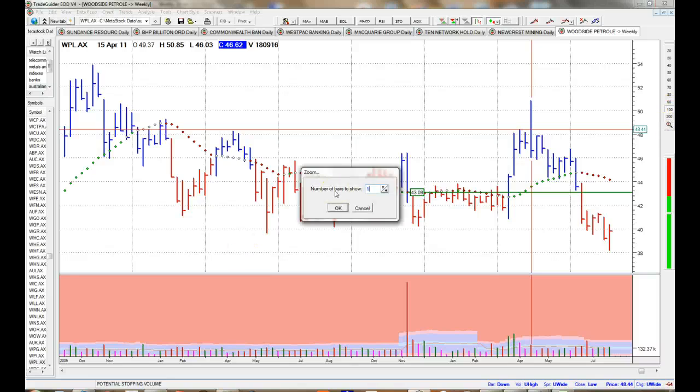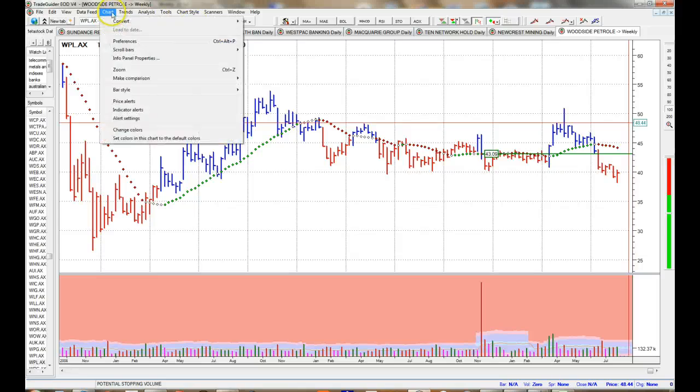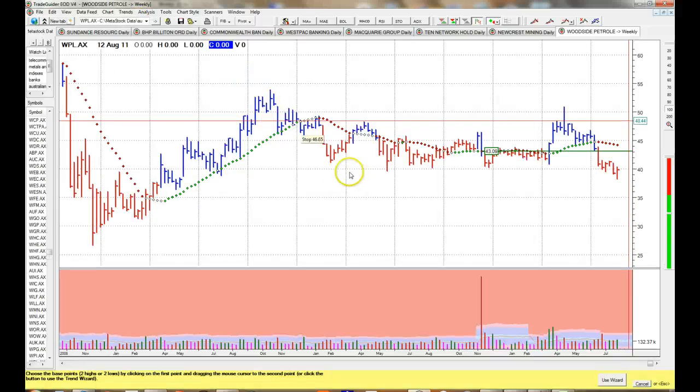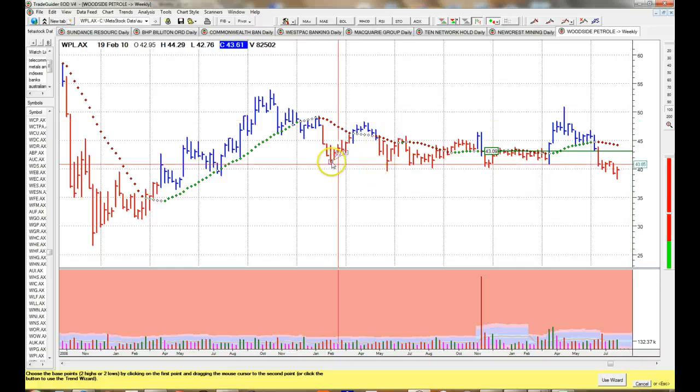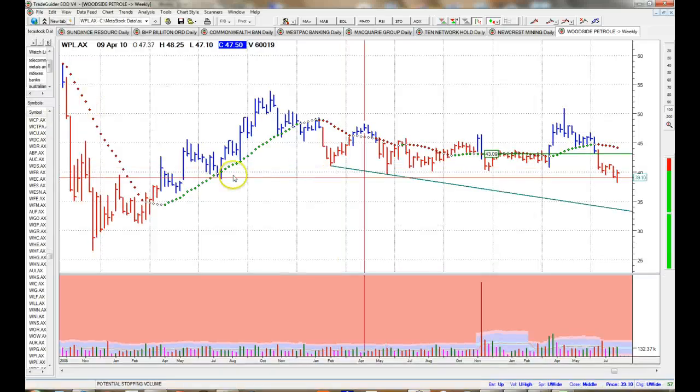I do see possibly a trend line. No, that's probably stretching it too much. No, that's not working.